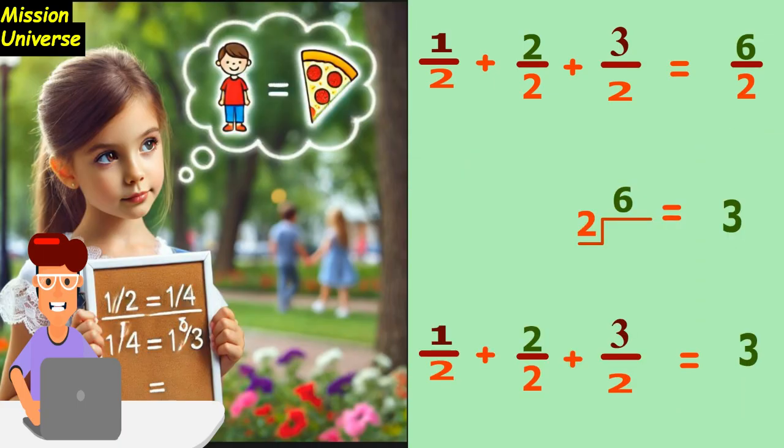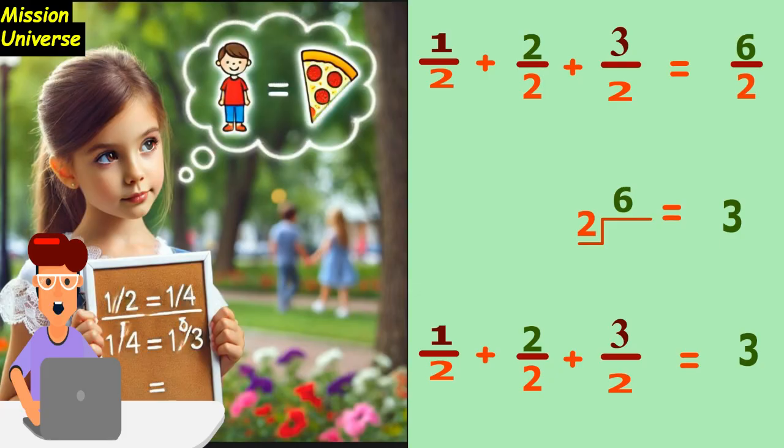So how is it possible? 1 upon 2 plus 2 upon 2 plus 3 upon 2 is equal to 6 upon 2, and 6 upon 2 refers to 6 divided by 2. So you can divide 6 by 2, it will be divided 3 times, then the answer will be 3. And if you add 6 half pieces of pizza, they will become 3 full pizzas.